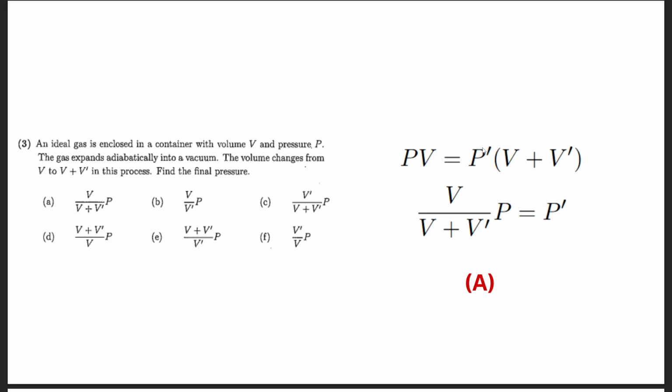So we can write the P after the process is P prime, and the V after the process is just V plus V prime from the problem. So we can move V plus V prime to the bottom of PV, and we can get the answer, that is V over V plus V prime times P, that is A. Number 4.